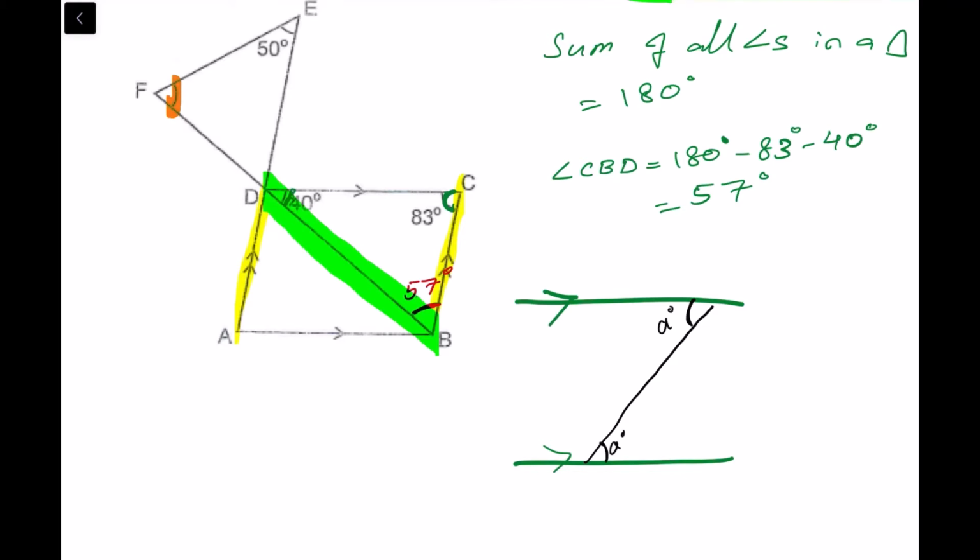Similarly in this case, this is 57 degrees, so line CB is parallel to line DA, and we have this third line DB intersecting these two lines at a point. So angle CBD would be equal to angle BDA, and this property is known as the alternate angle theorem, or you would commonly have heard it as the Z angle. So this would mean that angle BDA is 57 degrees.